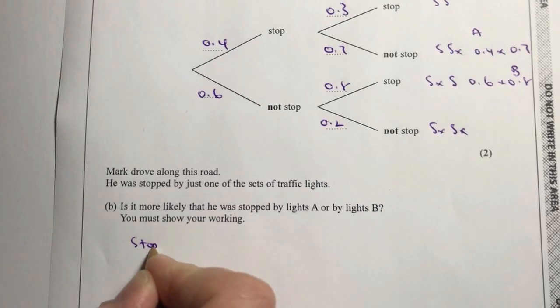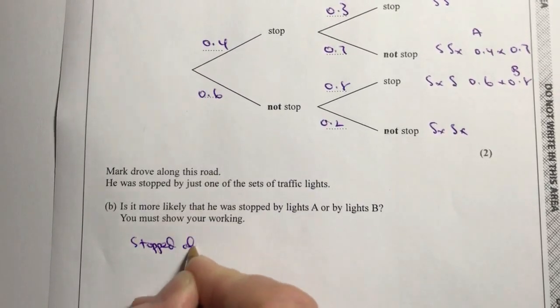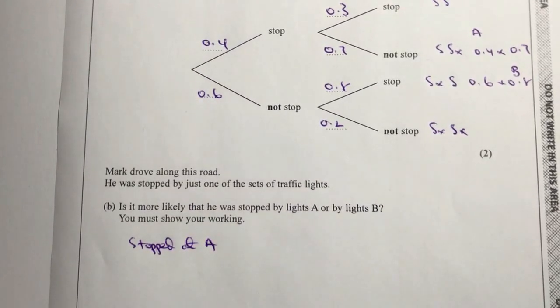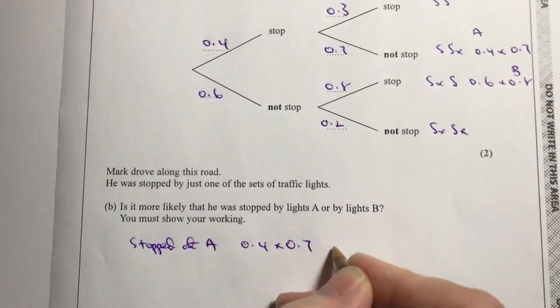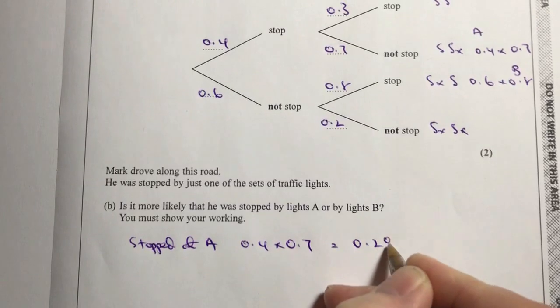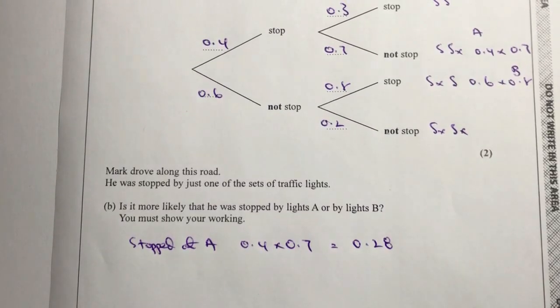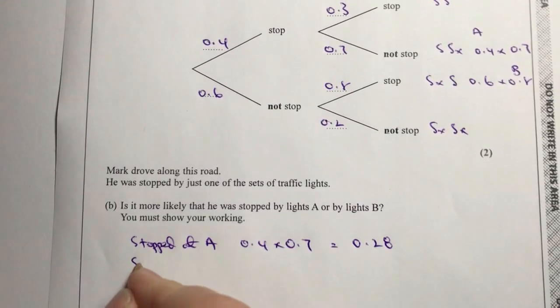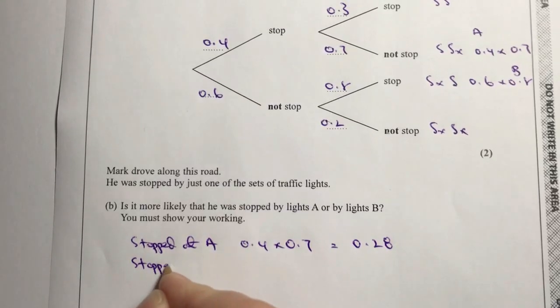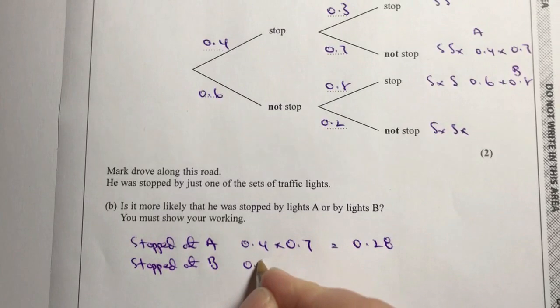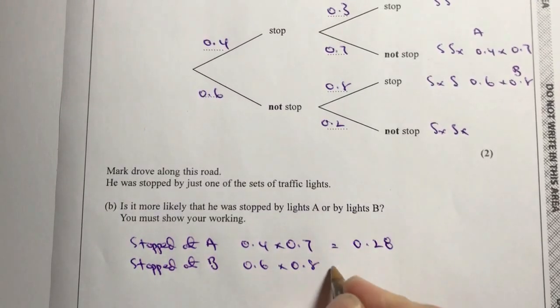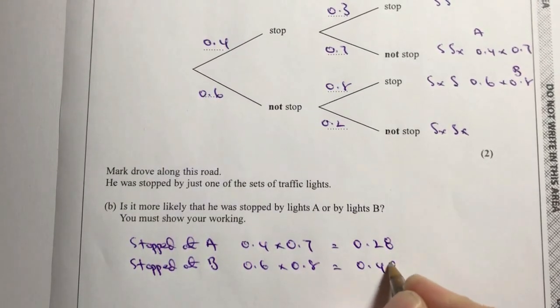Okay, so if I now put those two bits of information together, I can rewrite down here: stopped at A, the probability of him being stopped at A is 0.4 times 0.7, which equals 0.28, and the probability that he would be stopped at B is going to be 0.6 times 0.8, which is 0.48.